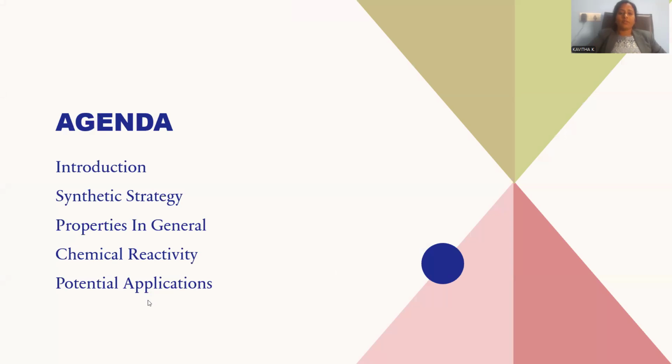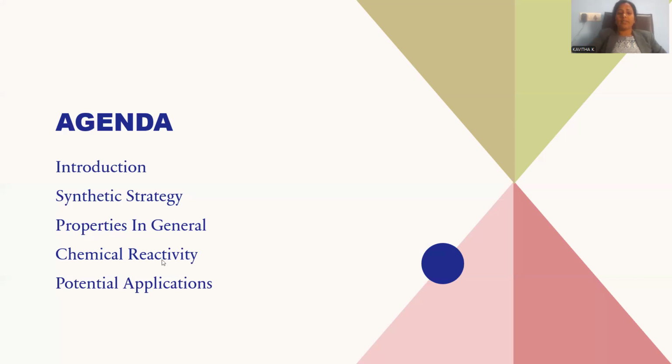In this session, the topics to be discussed are an intro regarding this coumarin compound, the synthetic strategies in order to go for laboratory viable pathways and industrial methodologies as well, and the ways it exhibits its physical properties, general appearance, odor, color. Everything comes under these physical properties.